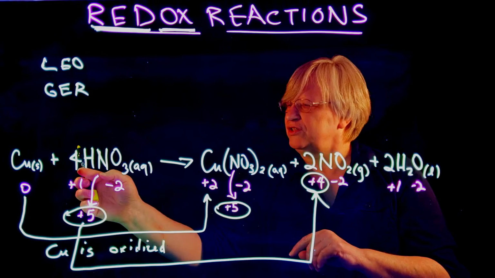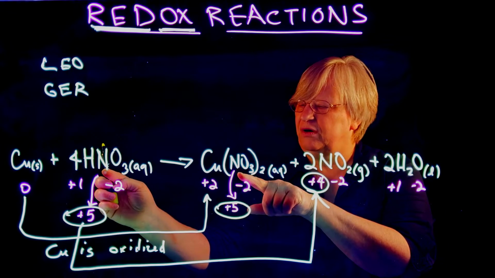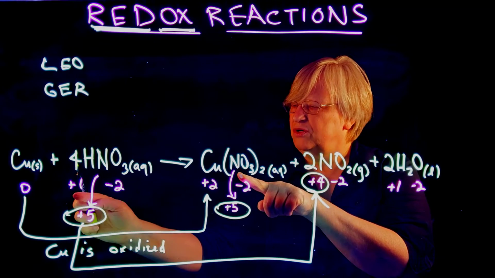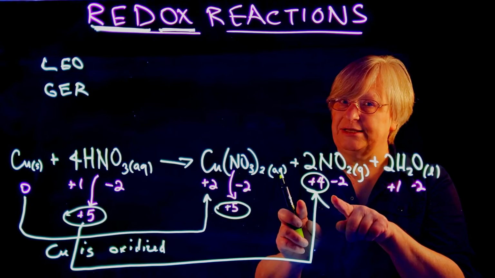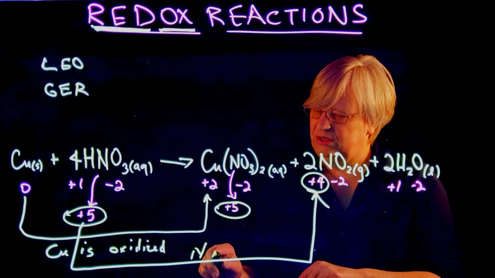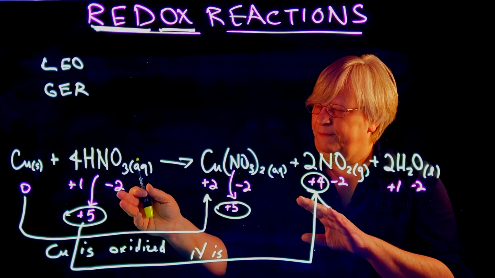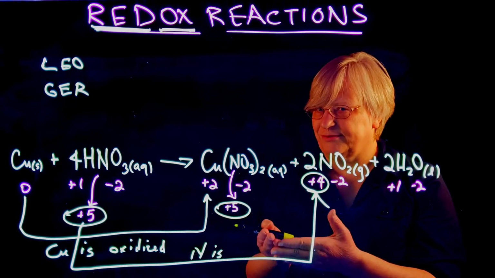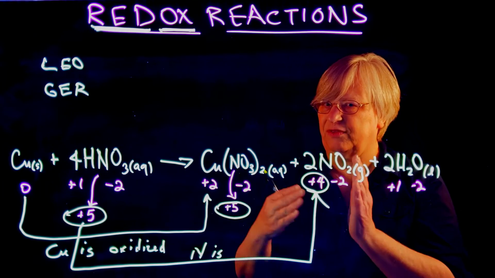So we had 4 nitrogens here, 2 of them went in here and didn't get their oxidation number changed. 2 of them went in here and did. So those nitrogens, now, obviously if copper is oxidized, we're going to say that nitrogen is reduced because one has to happen with the other.